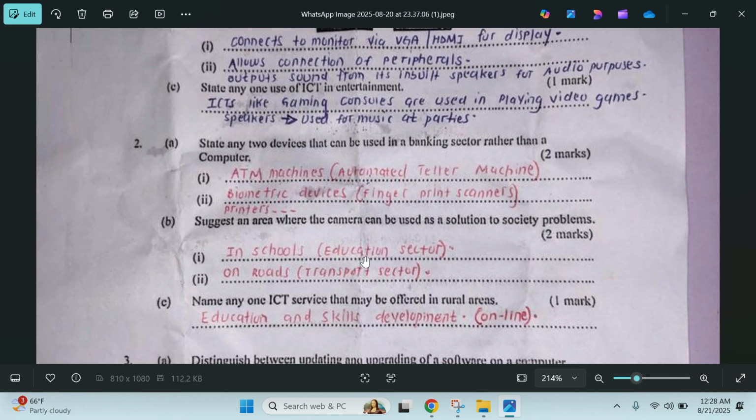Someone can set up a cafe where students, where pupils, can access online learning services. So the service that can be offered in rural areas is education and skills development, and it's all done online, e-learning.